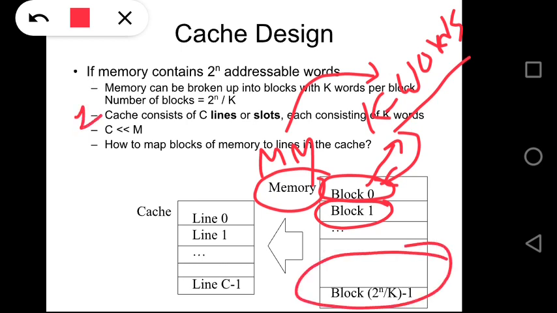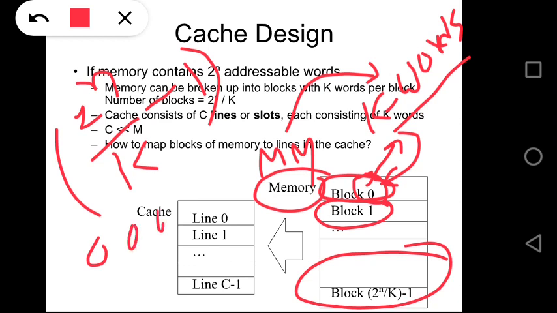Since there are total 2 power n divided by k blocks, the last block address would be 2 power n divided by k minus 1. Since I'm starting from 0, if I started from 1, the last address would be 2 power n divided by k. But I'm starting from 0, and the reason is just to make use of the address 000. 000 is also an address. You should use it. For that I am starting from 0.